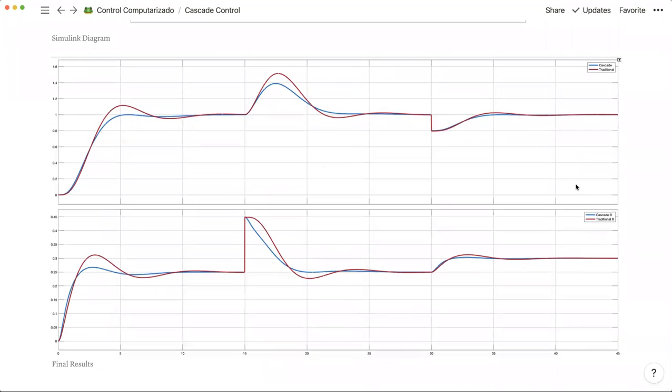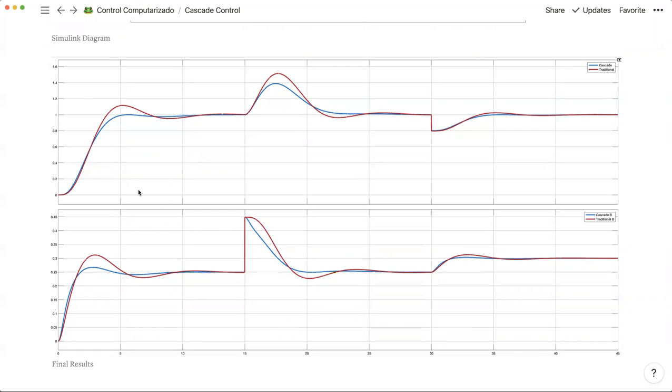The results of the experiment are here. We have in blue the cascade control and in red the traditional control. The upper graph is for the output of the G2 process, and the second graph is for the first process G1.